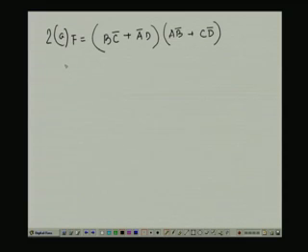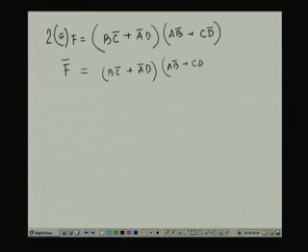So, if I take the complement f bar, then it will be the whole bar, that means the complement of (B C bar plus A bar D) into (A B bar plus C D bar).